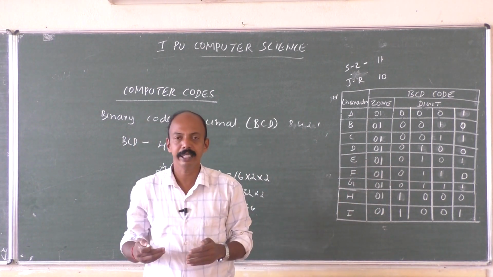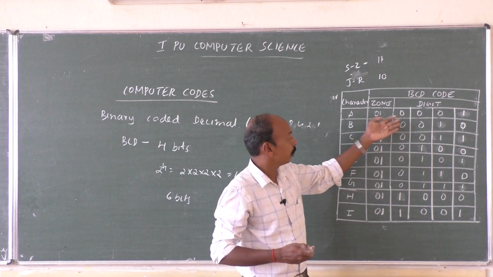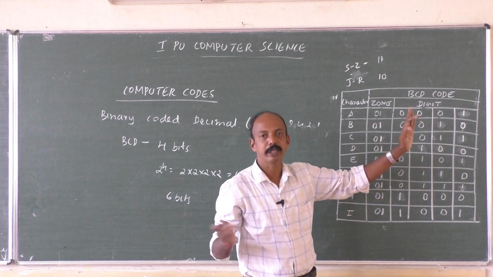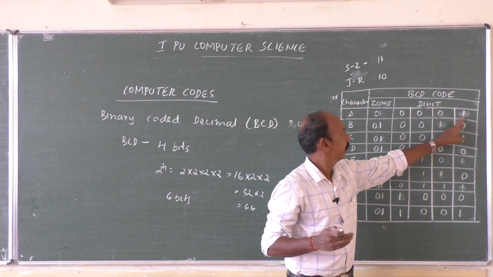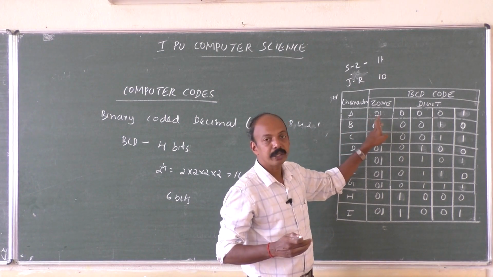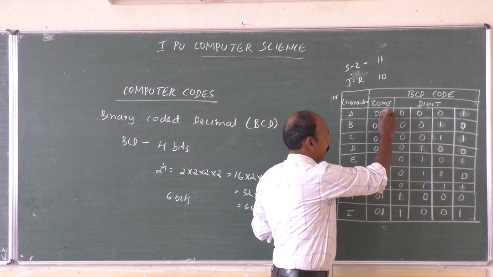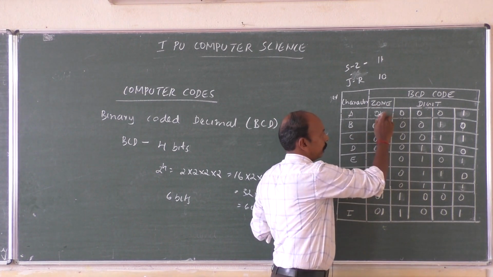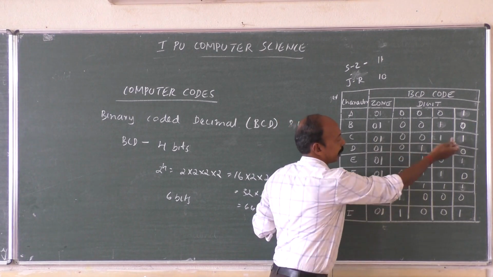Binary numbers we have, right? In the same format we have written with respect to 4 bits, starting from 0 0 0 1 for A, and the zone is 0 1. Hope that's understood. We will keep the same zone bit 0 1 from A to I, and here it's binary numbers.